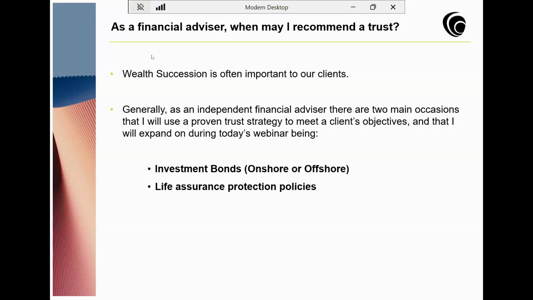So when we're considering transfer of wealth, then quite often we start talking about pensions, but you'll be pleased to know that I'm not going to talk about pensions anymore in today's presentation, but I'm going to talk about opportunities where we may use trusts. So the two main occasions being when we consider using investment bonds and also using life assurance policies.